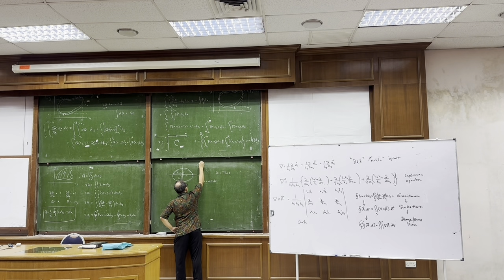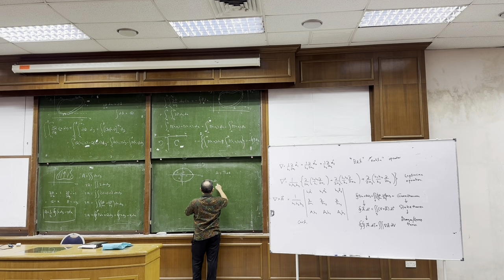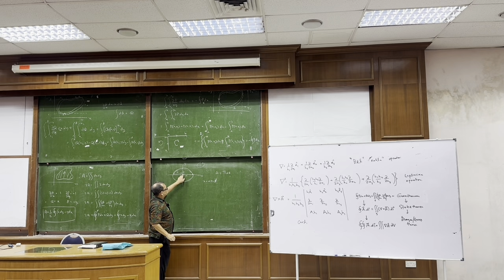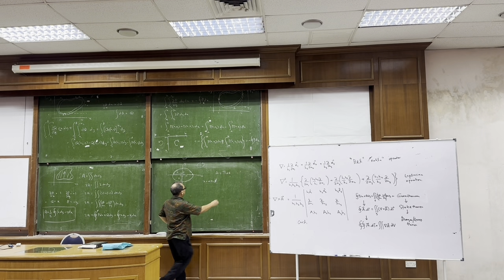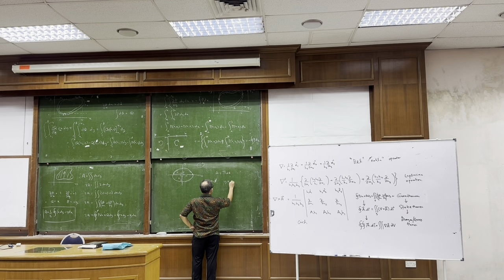If phi is 0, x is a, right? If phi is 90 degrees, x is 0. Now y is b sine phi.